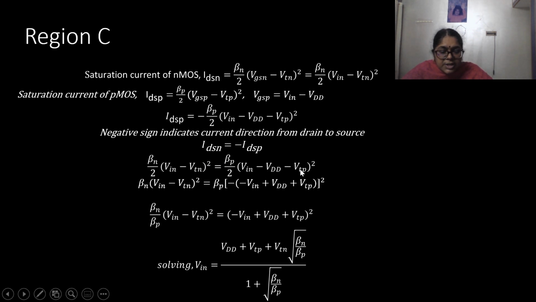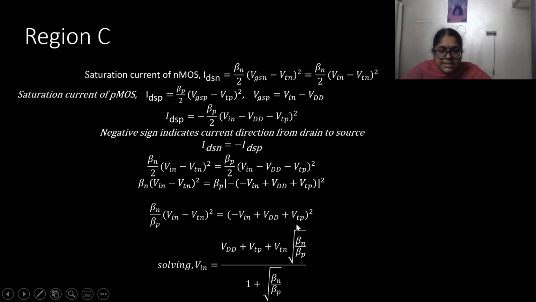Now in this expression Vin minus VDD minus VTP, I have taken minus common, so that I get minus of minus Vin plus VDD plus VTP whole square. But because it is whole square, this minus into minus becomes plus. Now beta n by beta p into Vin minus Vtn whole square is equal to minus Vin plus VDD plus VTP whole square.